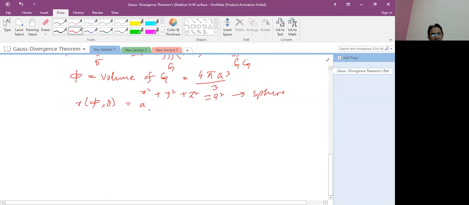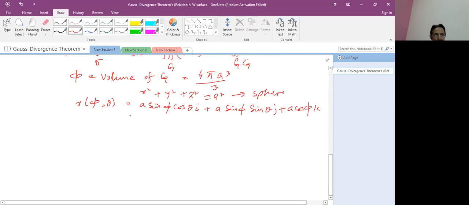So now the coordinates of the sphere are a sine phi cos theta of i plus the coordinate of y, it is a sine phi sine theta of j, plus a cos phi of k. So these are the coordinates of the sphere in spherical coordinates.